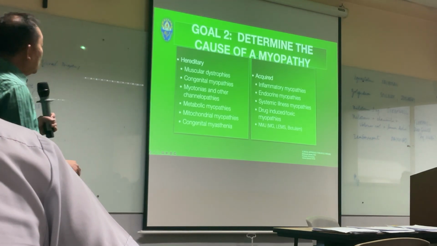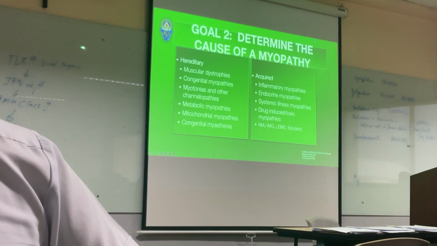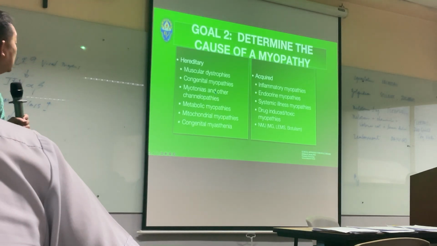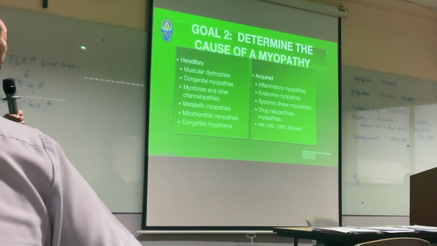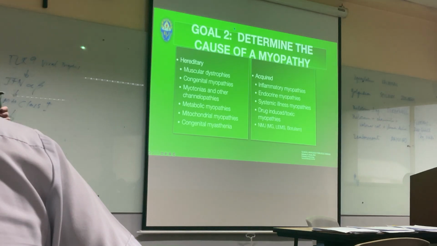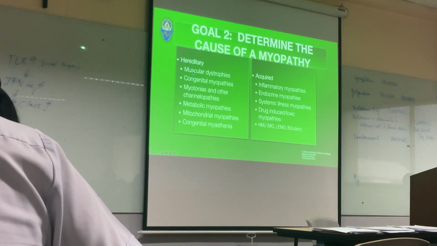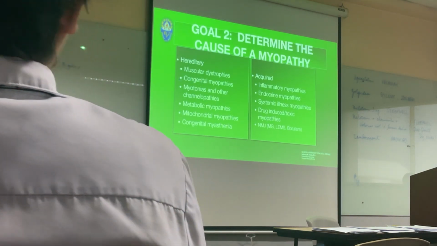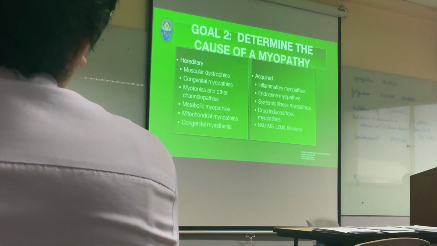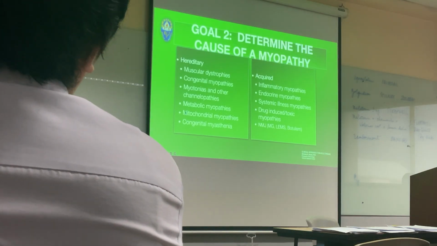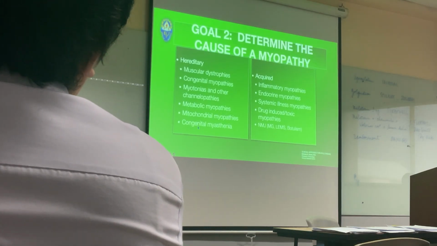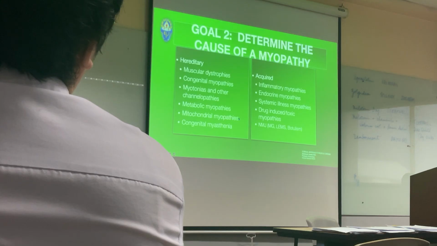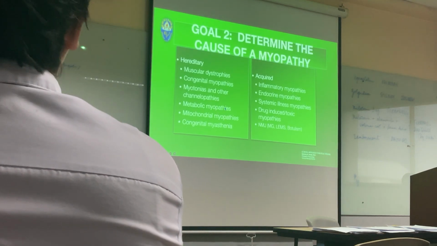So, determine the cause. The next question: what is the cause? Is it hereditary or is it acquired? Among all these, you have the muscular dystrophies, the congenital myopathies, the myotonias, the metabolic myopathies, mitochondrial, and congenital myasthenia. Myasthenia technically is not a myopathy. Clear?